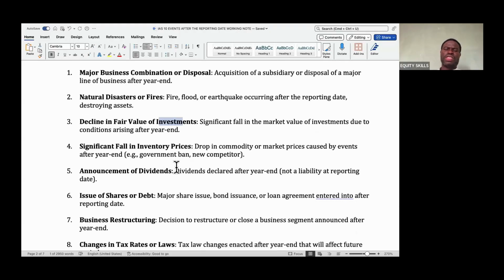Or we declared dividend after the year end. A lot of people would think we need to go and adjust the previous year's report. No, if you declare dividend after the year end, it is non-adjusting, it is a new transaction, a new event.